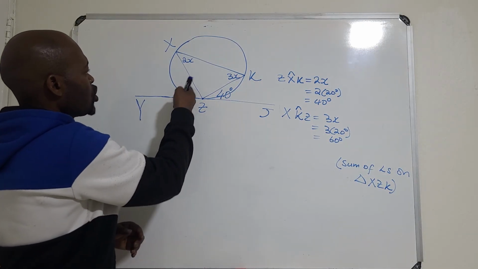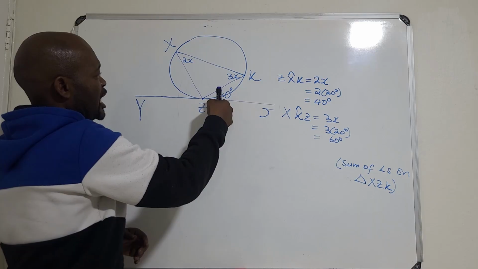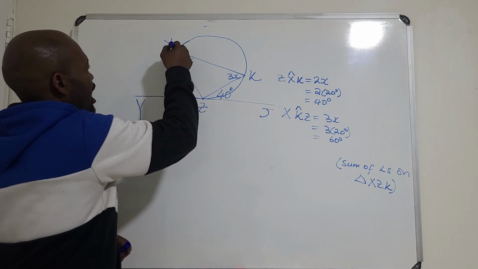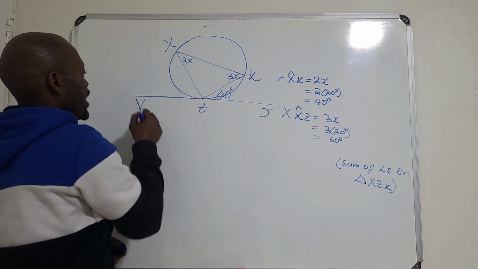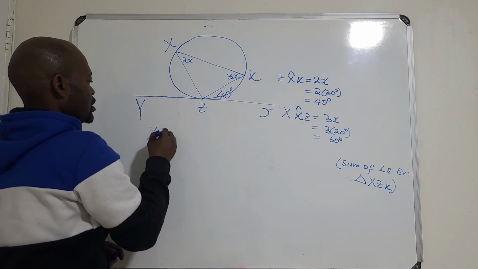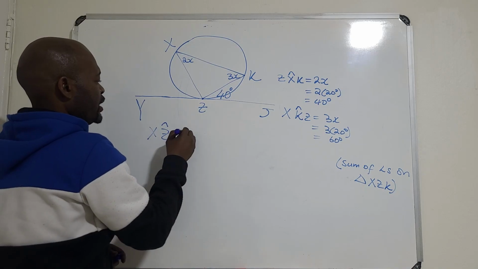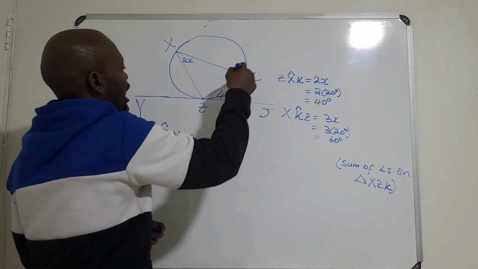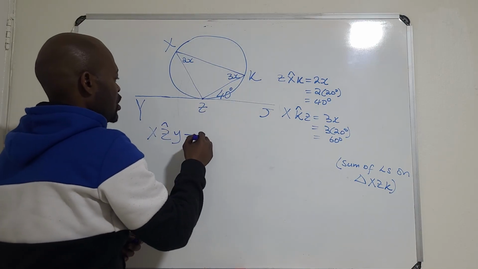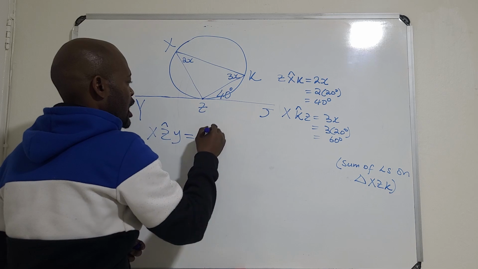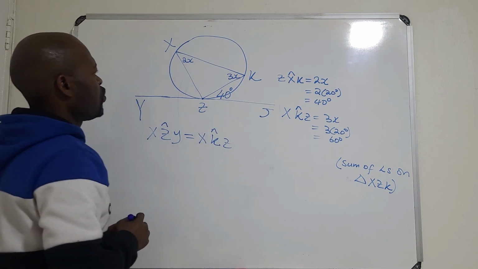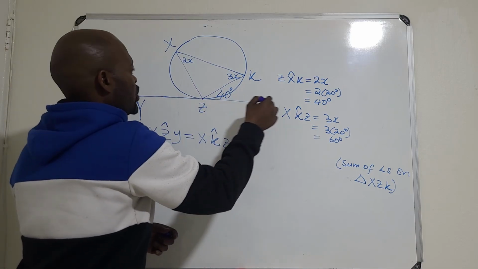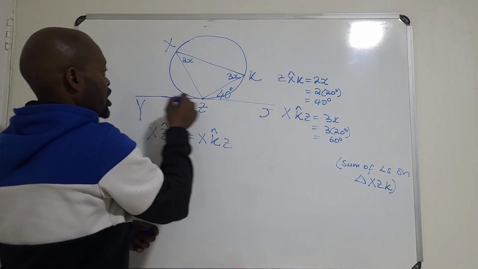Now, we can also use that to prove that this angle is equal to 120. So we can find angle XZY. Angle XZY is equal to angle XKZ. Why is that? There's a chord which makes an angle with the tangent. You can see there's a tangent.